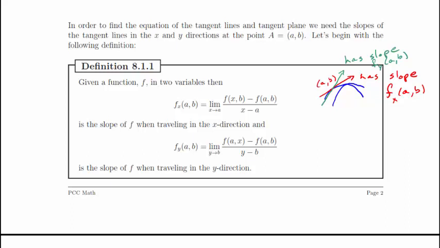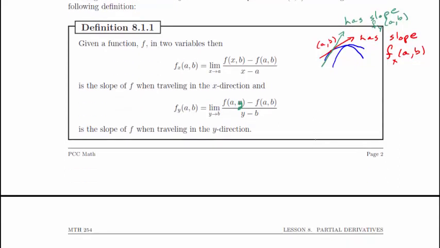The limit as y approaches b of, big fraction bar, on top we have f of (a, y) minus f of (a, b), all over y minus b. Note that the x value is held constant at a, so there's no change in our x value. That should be a y, and I will fix that in the notes as well before you see it. All over y minus b. Okay, so that's our slope in the y direction.